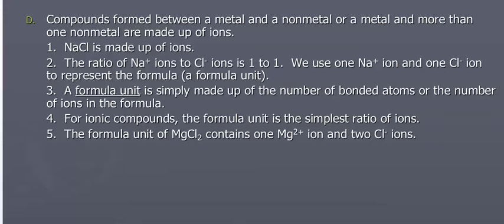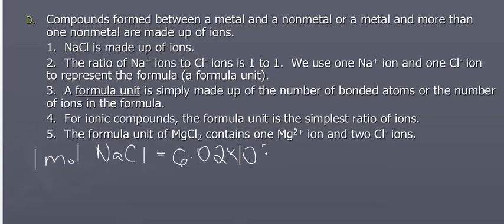We're going to use the formula unit to represent these ions. A formula unit is simply made up of the number of bonded atoms or the number of ions in the formula. Now here's where we get into a distinction of terms. When we say 1 mole of sodium chloride, we say there are 6.02 times 10 to the 23rd formula units present.